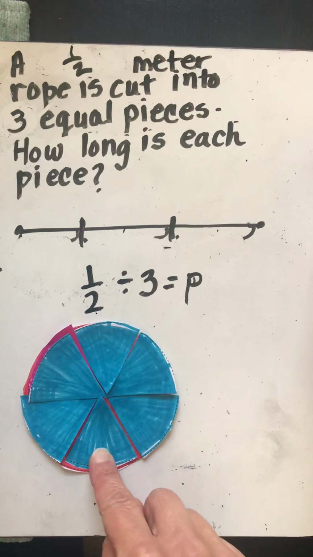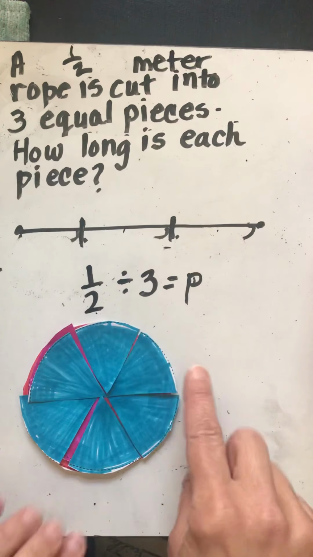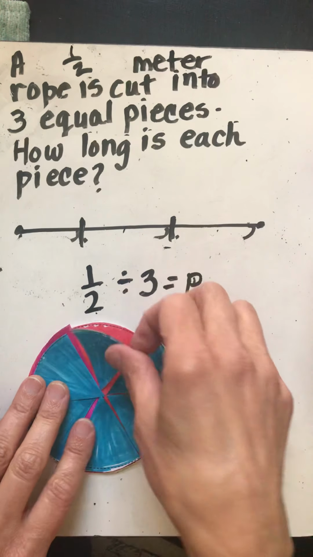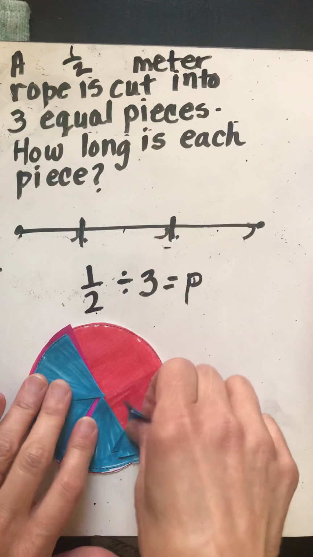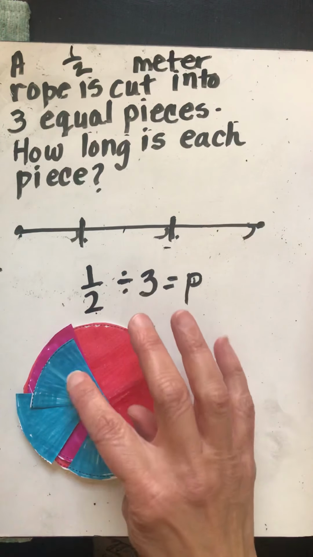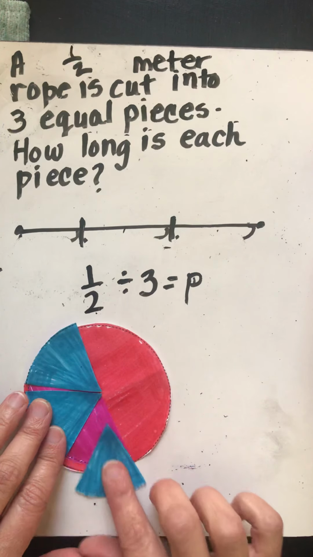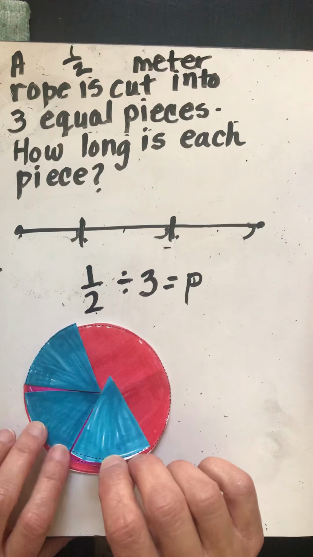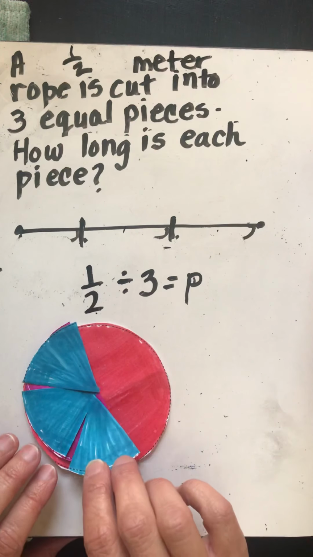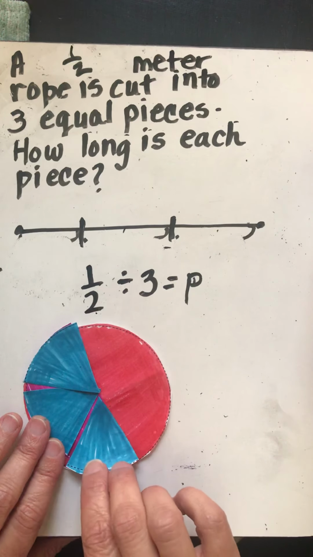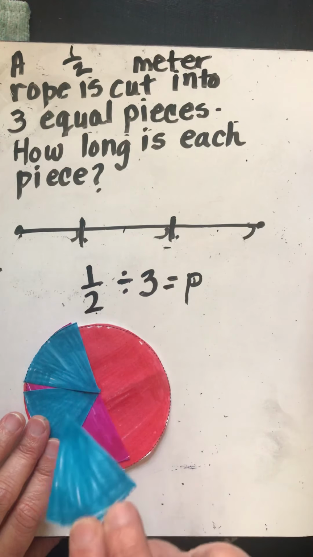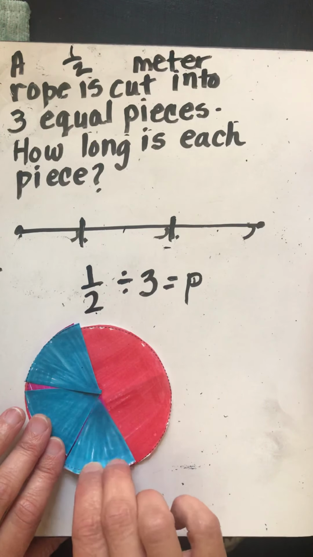So think for a second. When you divide the rope up, I'm going to take these away so you can see. 1/2 divided by 3 is going to equal what? It's going to equal one of these, 1/6. Okay?